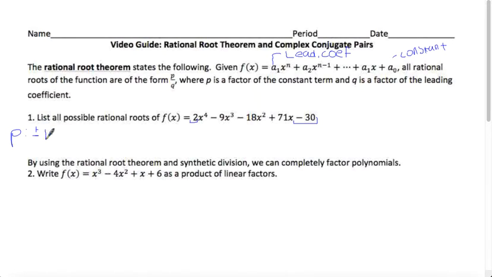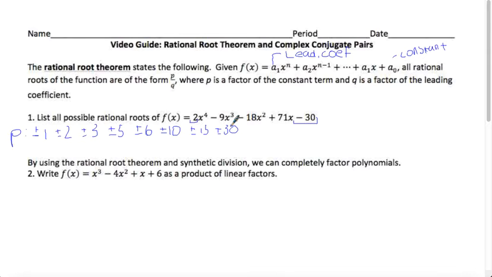So plus or minus 1, plus or minus 2, plus or minus 3, not 4, plus or minus 5, plus or minus 6, plus or minus 10, plus or minus 15, and plus or minus 30. Those are just all of the factors of the constant term.